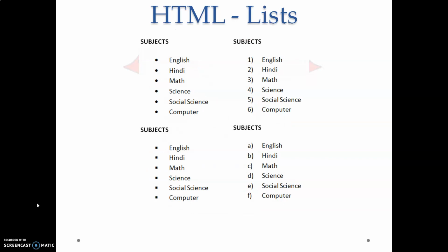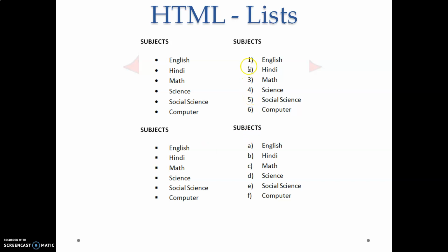There are two types of list. First one is unordered list. Second one is ordered list. The difference between these two lists is only the bullets and the numberings. Here in the first you see that these kinds of bullets appear, and in the second these kinds of bullets appear.